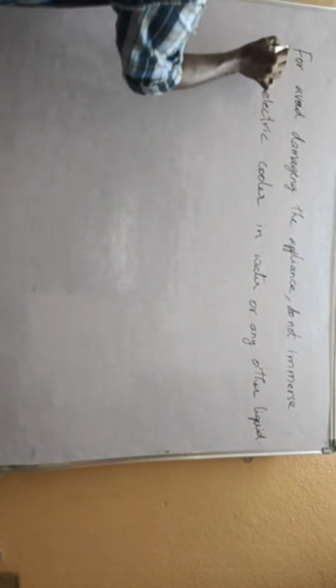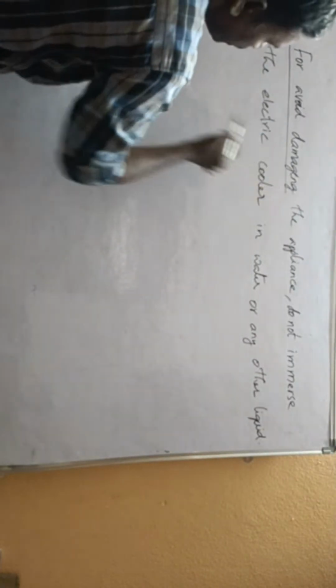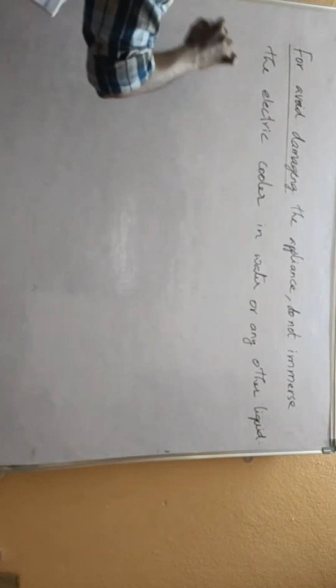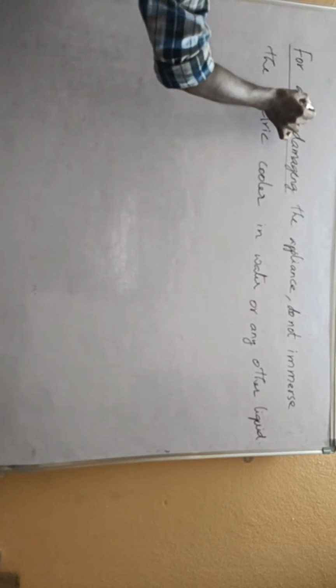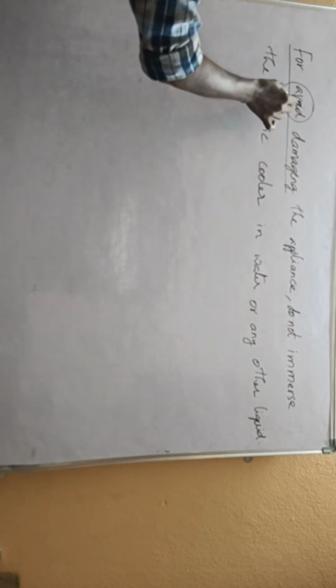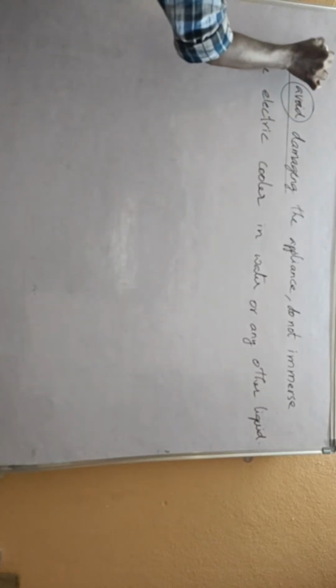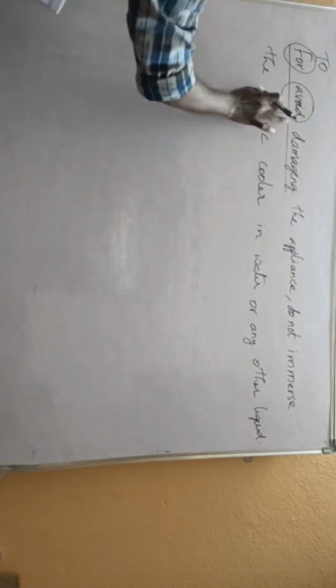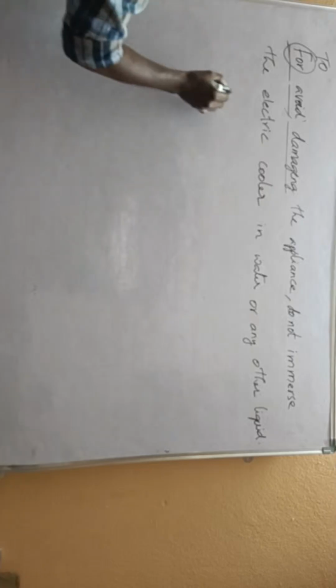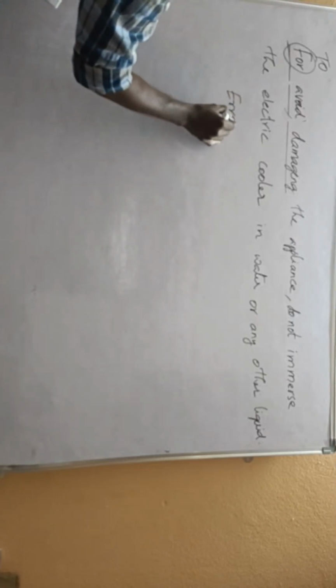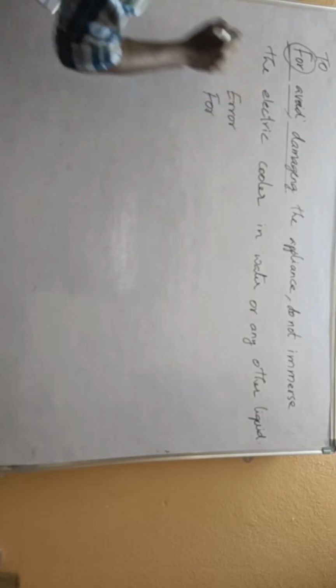See, for any damaging we can use. For avoid we should not use. We have to remove avoid, or we have to remove for. To avoid damage. For avoid, here for is the error. Error is for. Why?